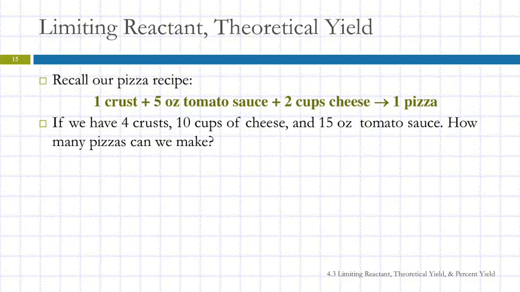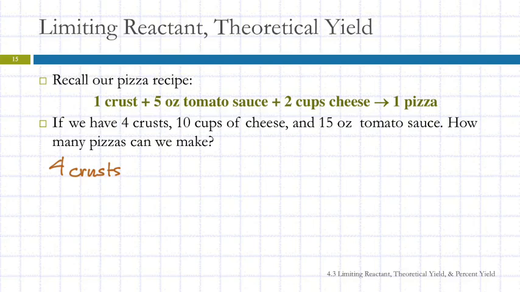So what we want to do is take each ingredient and find out how many pizzas that ingredient could make. This is not necessarily the fastest way to do it, but it works every time, and I think that's pretty good. So 4 crusts. Oh, I guess I'm using orange now.